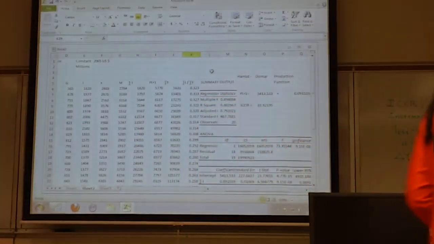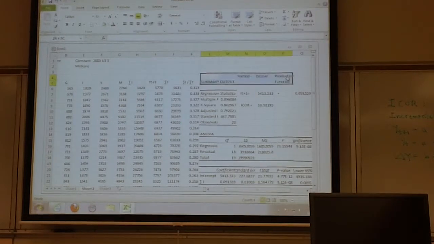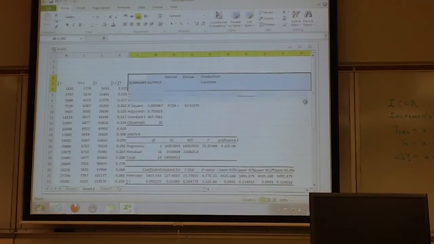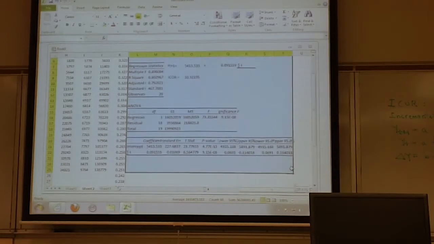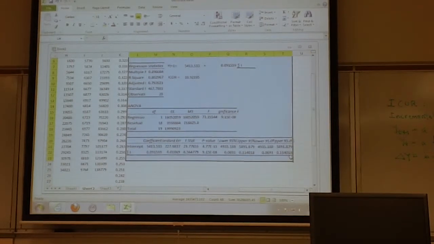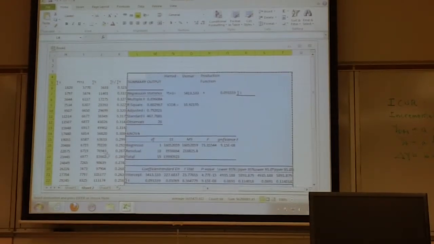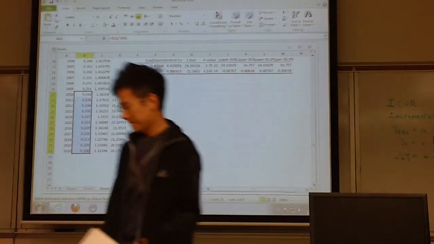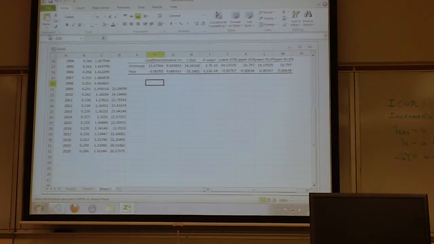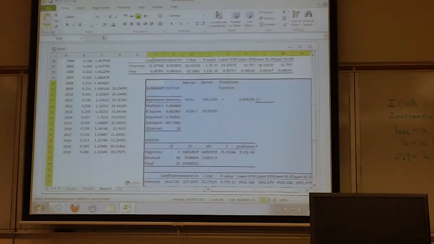I'm going to take all of this stuff here and move it somewhere else. I'm going to take it, copy it, and we'll put it over here on this sheet over here. We have it over here, if you want to keep track of these regression equations.